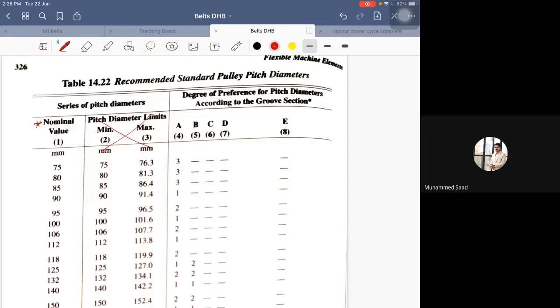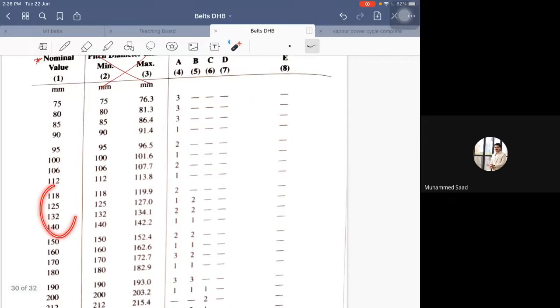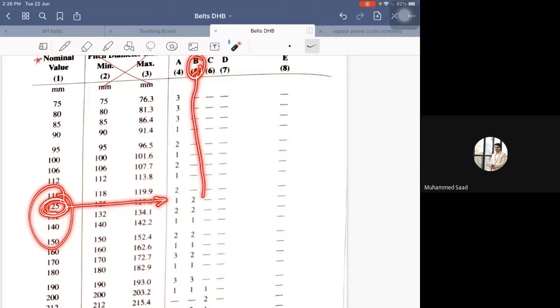Now, there is a procedure to be followed. Whatever value you select as the nominal value, suppose you select 125 as your standard value. Based on the type of V belt you have selected, suppose you have selected B, in that particular category the preference has to be 1 always, never 2. If it is 2, you have to jump to the next belt. For example, let us see this case.